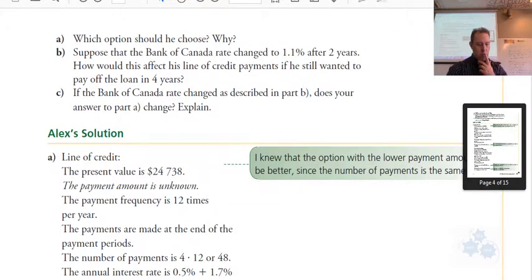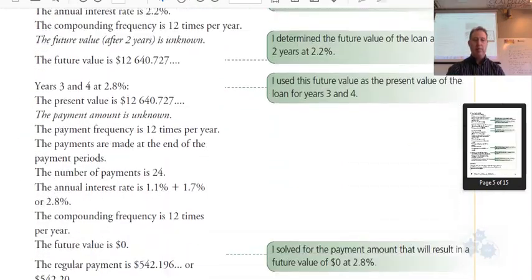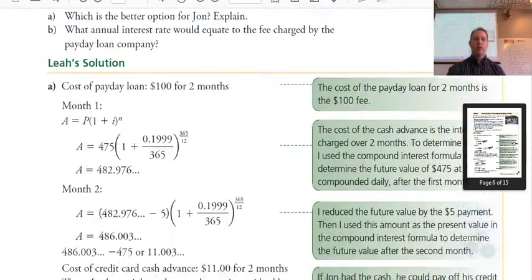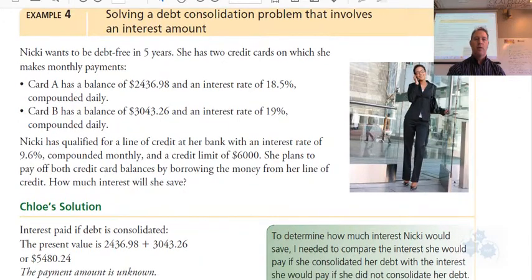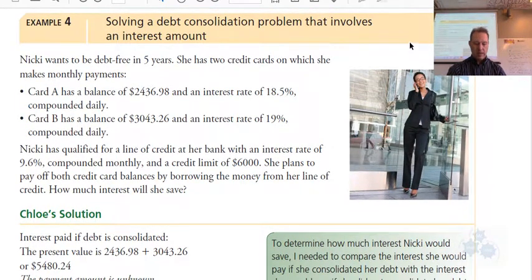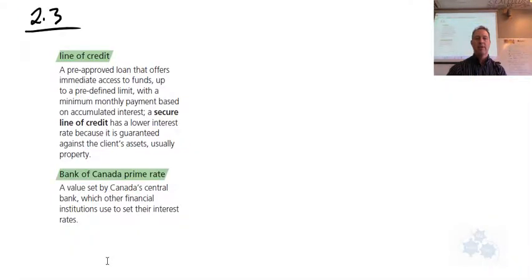The second example that I wanted to talk to you about, I think, was example 4. So if you can zip ahead to example 4 here, I want to talk about debt consolidation. Honestly, I don't think there's an actual specific definition for that, but we should talk about what debt consolidation is.